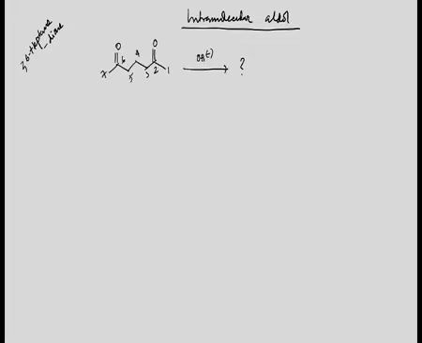You can see that this is a symmetrical molecule, and the enolate can form either way: this hydrogen or this hydrogen can be abstracted to make a negative charge. If the 5-H plus gets deprotonated, then you get this one, and if the 7-H plus gets deprotonated, then you get this one.